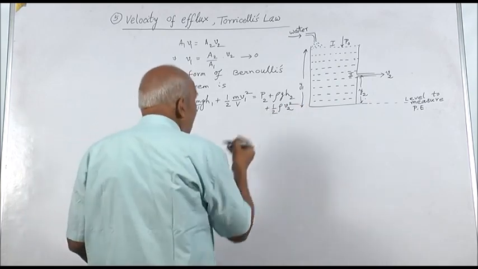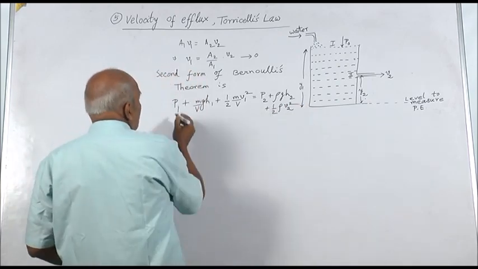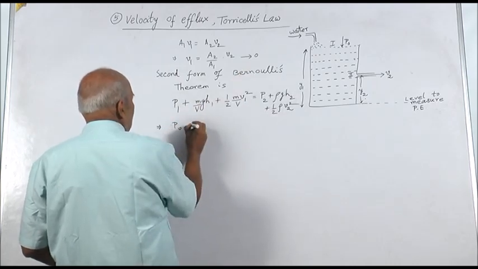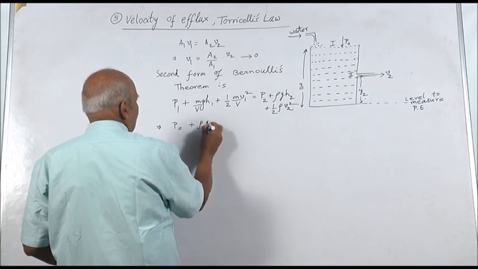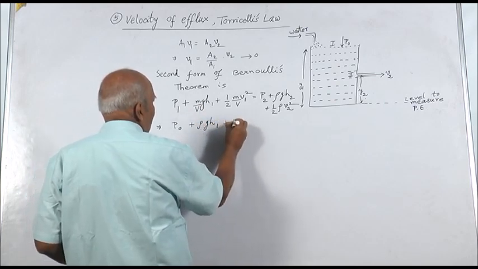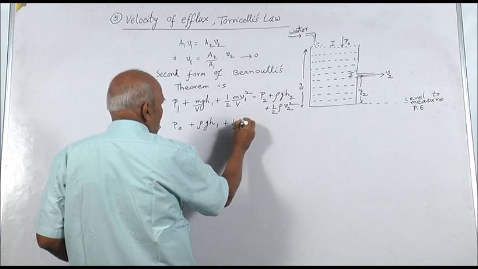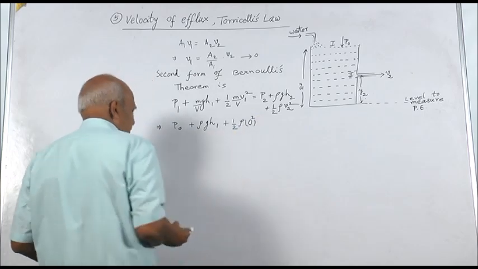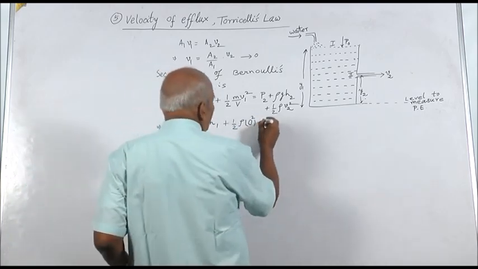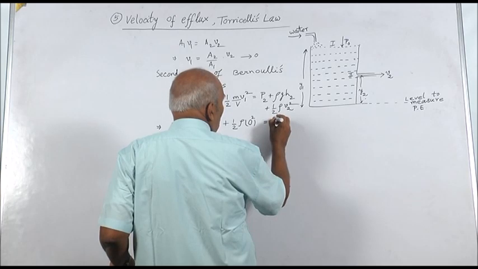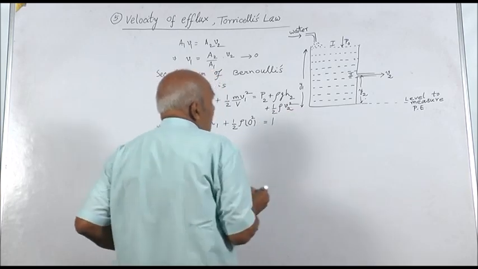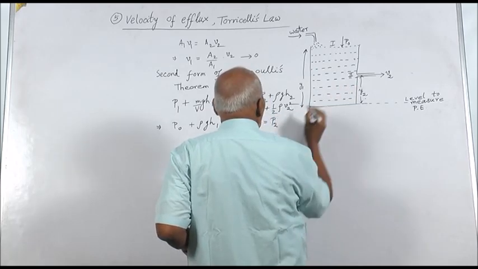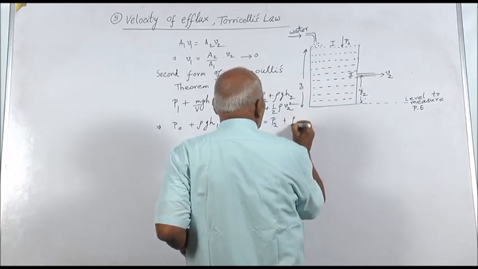So, from this diagram we see that P1 is P0, then this is rho g h1, then half rho, what is V1? V1 is 0, so that term vanishes, and it is equal to P2, the pressure near this small hole, plus rho g.